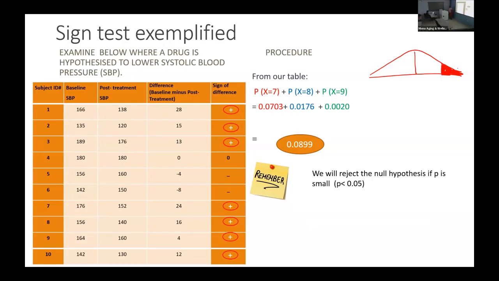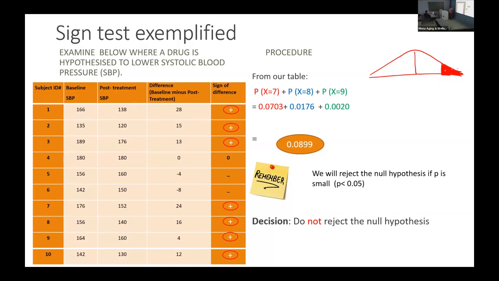All right, so you'll remember that we will reject the null hypothesis if P is small, that is, if P is less than 0.05. So what's the decision here that we're going to take? The probability of 7 or more successes is equal to 0.0899. This figure is greater than 0.05. Therefore, we will not reject the null hypothesis.